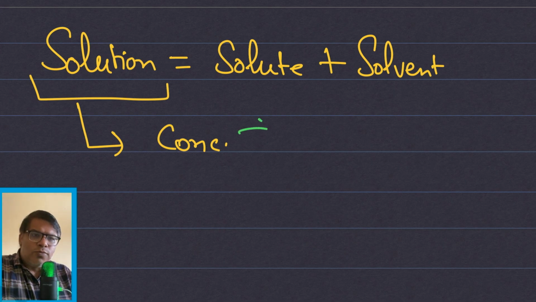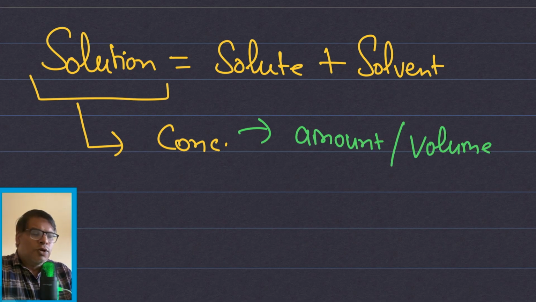It is the amount of solute dissolved per volume of the solution. Amount divided by volume tells you the concentration of the solution. Within the laboratory, we have to prepare the desired concentration.